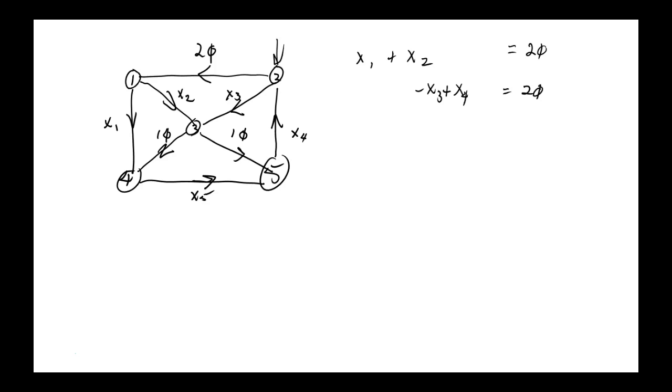How about junction 3? What can you tell me there? x2 going in, plus x3 going in.